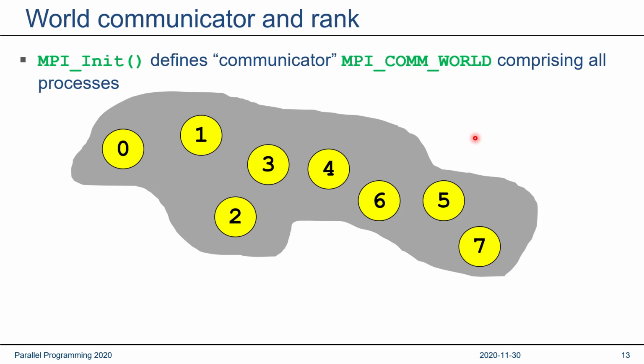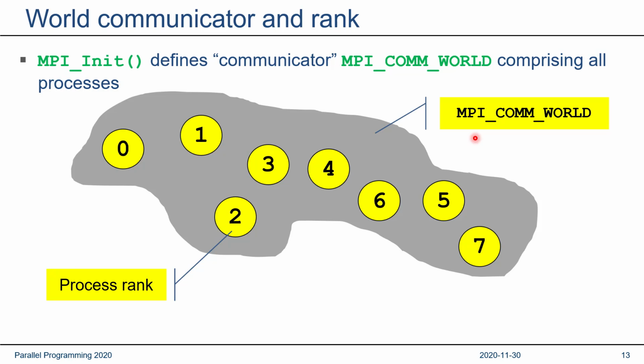Now, what happens when MPI_Init is called is that a so-called communicator is set up. This communicator is called MPI_COMM_WORLD, which is a predefined symbol in MPI. MPI_COMM_WORLD is like a synonym for all processes that comprise the MPI program. Later we will learn that you can split off subcommunicators and make groups of processes that have fewer processes than MPI_COMM_WORLD, but MPI_COMM_WORLD comprises all the processes.